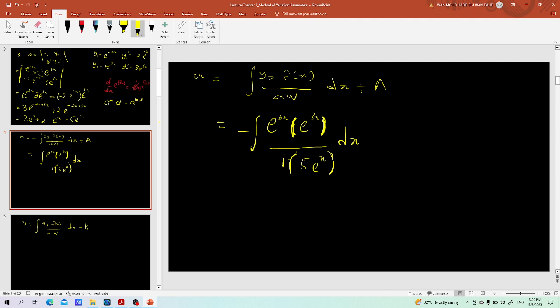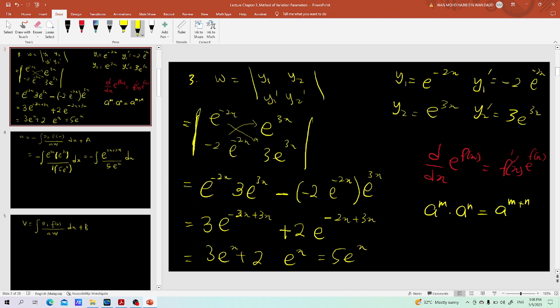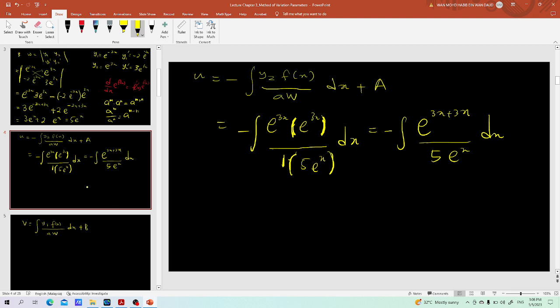So how to simplify? We will have negative integral of e^(3x), and e^(3x) still uses the index law, so we have e^(3x+3x), divided by 5e^x dx. We also use the index law a^m over a^n equals a^(m-n). So we put e up there and the constant outside.